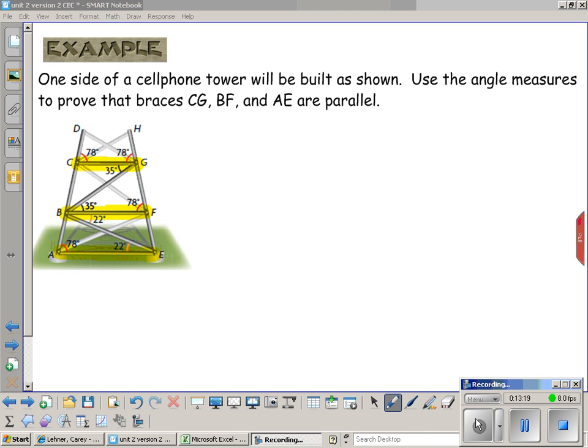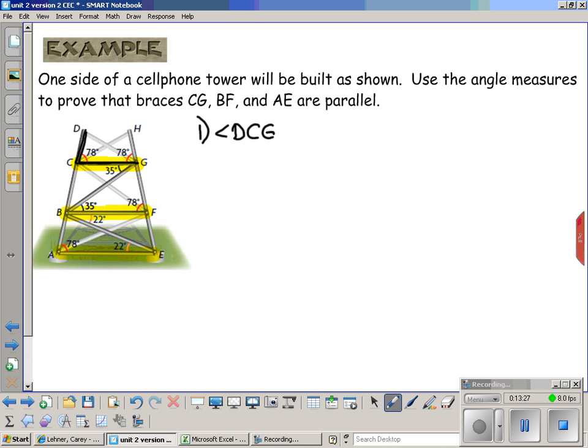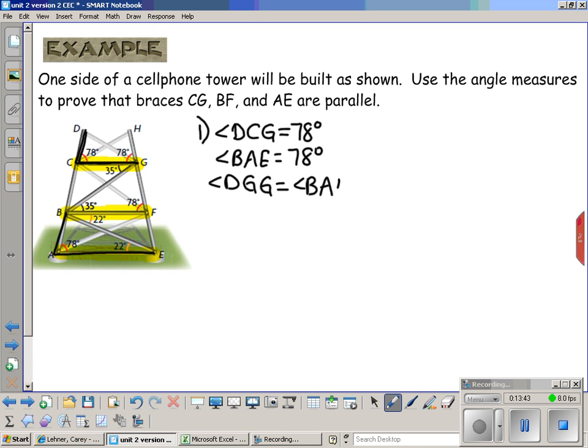So one of the ways we could do it, one statement we could show is that angle DCG is equal to 78 degrees, and angle BAE equals 78 degrees. So angle DCG is equal to angle BAE.